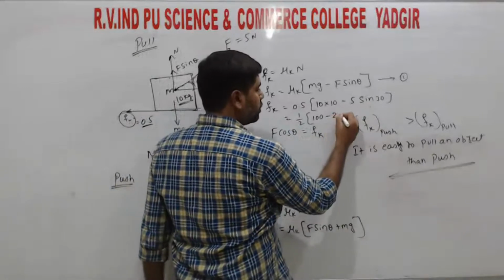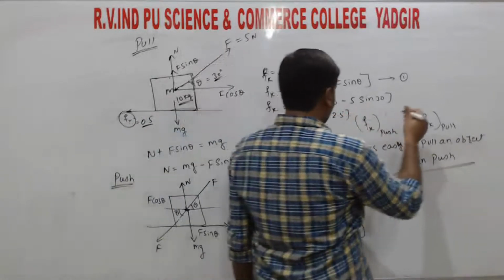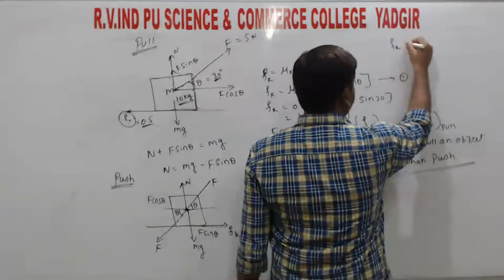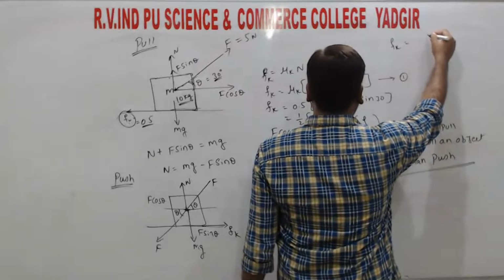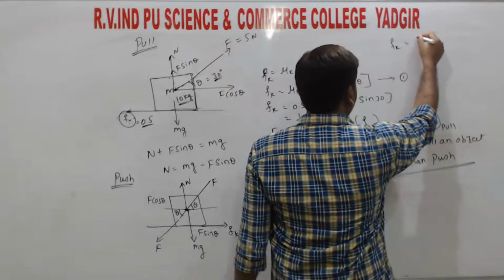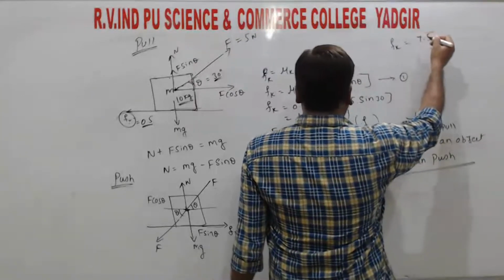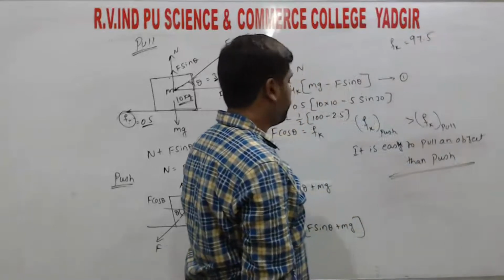We get 2.5, so 100 minus 2.5 is 97.5, right?